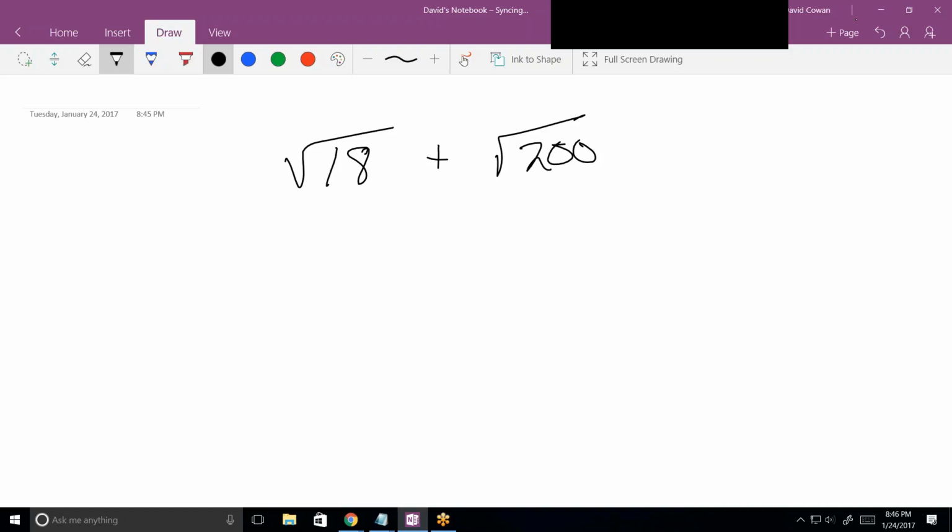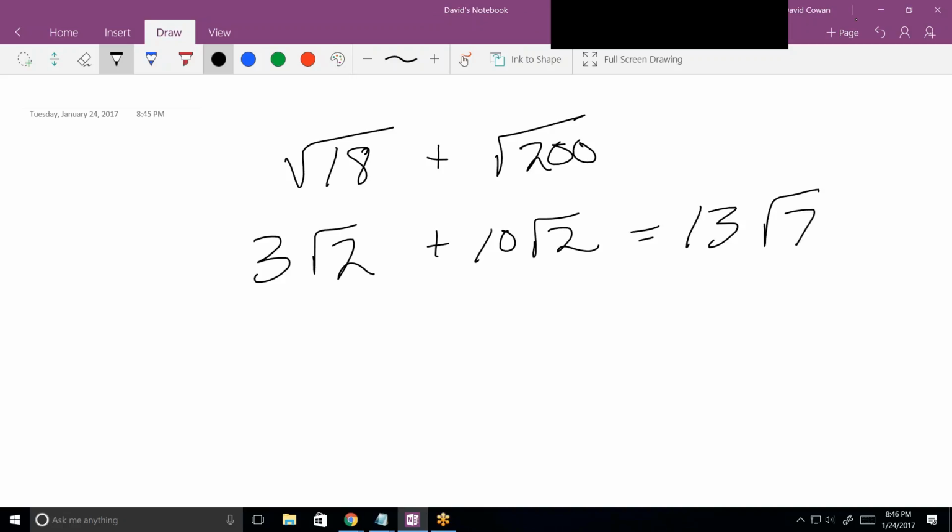So in the simplification process, this turns into 9 times 2, which turns into 3 root 2. And this turns into 100 times 2, which turns into 10 root 2. Now I got root 2. Those are apples and apples. I can add those. If I have 3 apples and 10 apples, I got 13 apples. So I end up with 13 root 2.